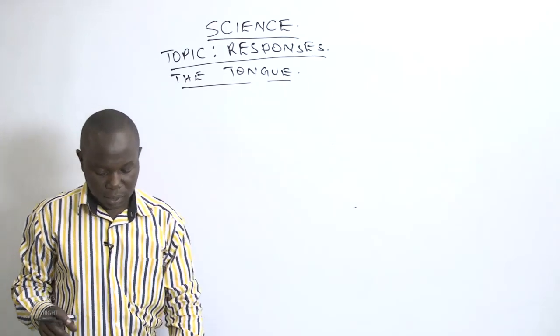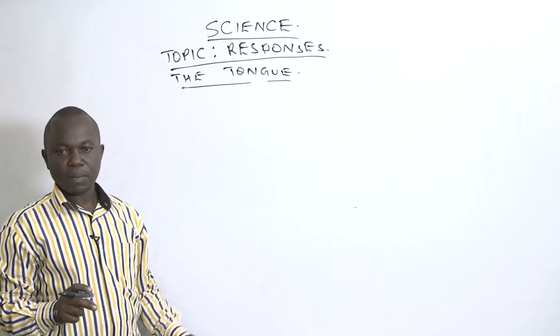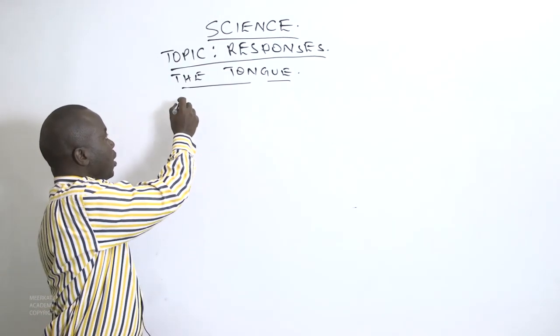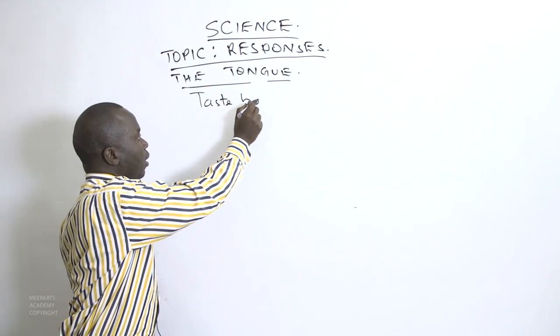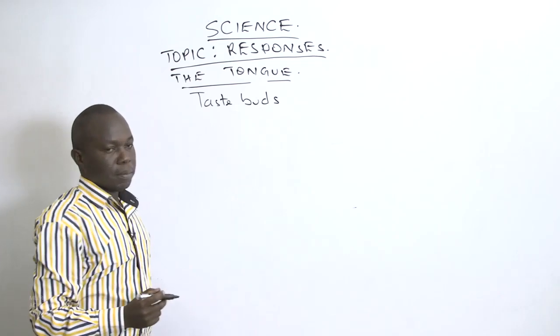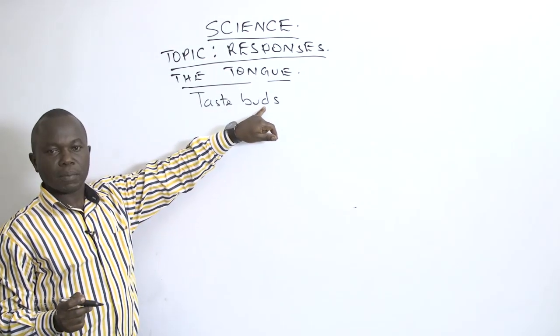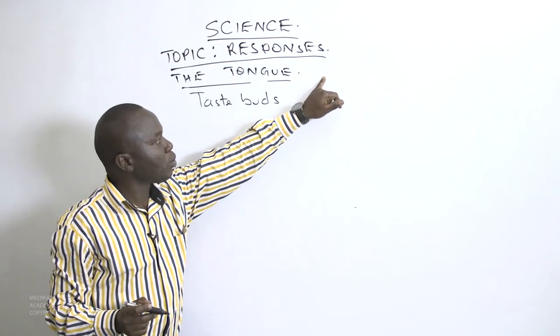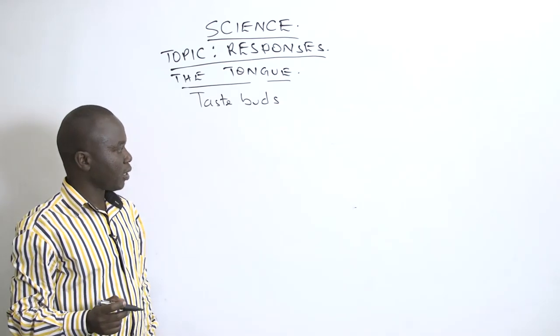So the tongue is able to detect different tastes, as we have already mentioned. But the structures that perform that role are the taste buds. So it means the tongue has taste buds that are able to detect different types of tastes.